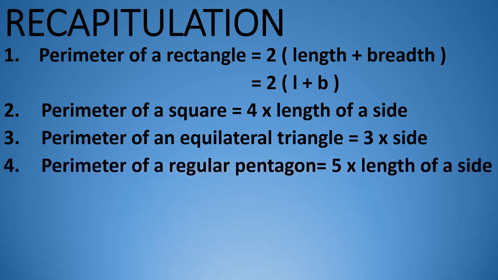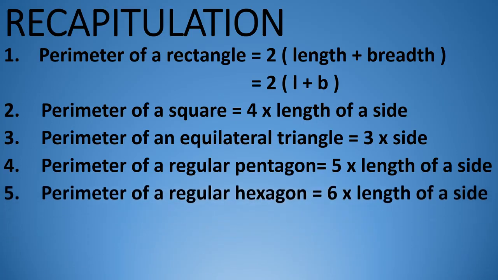Perimeter of a regular pentagon. A pentagon has 5 sides. Regular pentagon means its all the 5 sides are equal in length and all the 5 angles are equal in measure. So, perimeter of a regular pentagon equal to 5 multiply by length of a side.